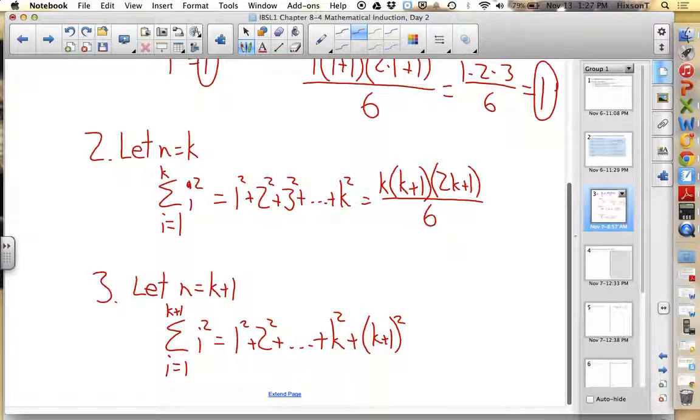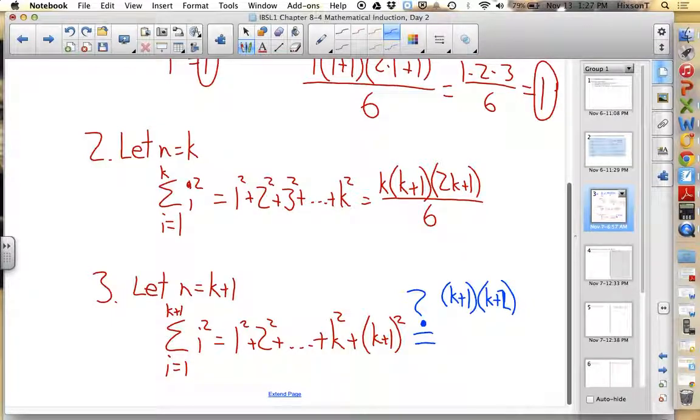Now the question is, will that equal this with a k plus 1 in it? Now this is what you've got to be really careful about, otherwise no matter what you do to the left side, you'll never get it to equal. So, instead of a k, we have a k plus 1. Instead of a k plus 1, it's k plus 1 plus 1, so it's k plus 2.